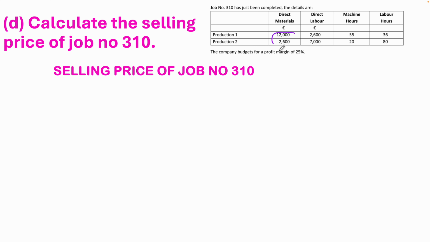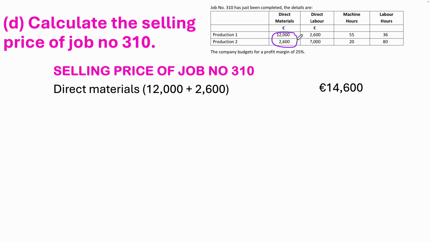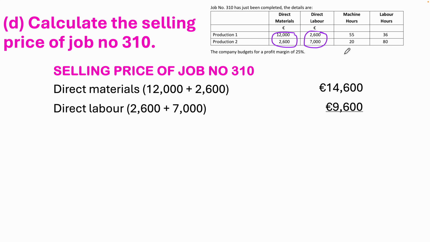So we've got the materials first, 12 and 2.6, that's 14.6. Then we've got labour, 2.6 and 7, 9.6. So the total there, prime cost, 24,200. Next, remember, we're going to just look at the most dominant stuff.